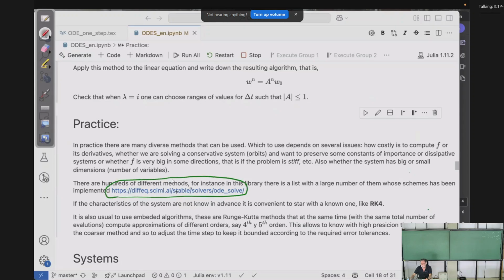Which one to use? It depends on the problem. It depends how costly it is to evaluate f or the derivatives. Because if it is simple, you can use some Taylor method. If you have conservative systems like orbits, then you want a method that doesn't have an amplification factor, so that you don't get, instead of an orbit, something which goes like this.